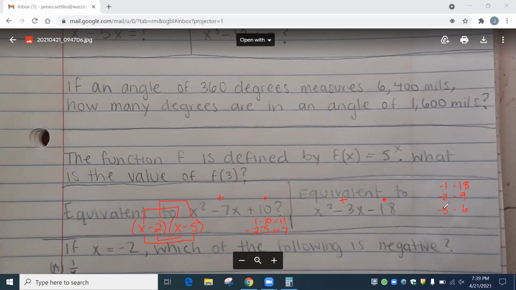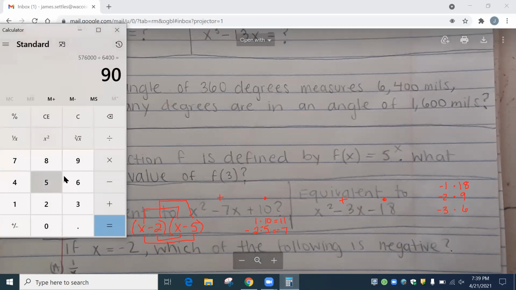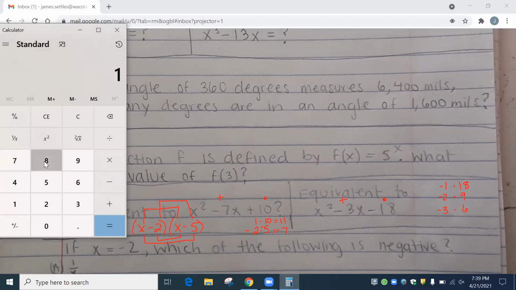Now, if you're saying, I don't know all my numbers, one of the things that you can do is bring up just the basic calculator, and then you can clear that out. You can take 18 and divide it by 2. It's 9. Actually, it's negative 18. So 18, make it negative, and divide it by 3. Okay. Take 18 negative and divide it by 4.